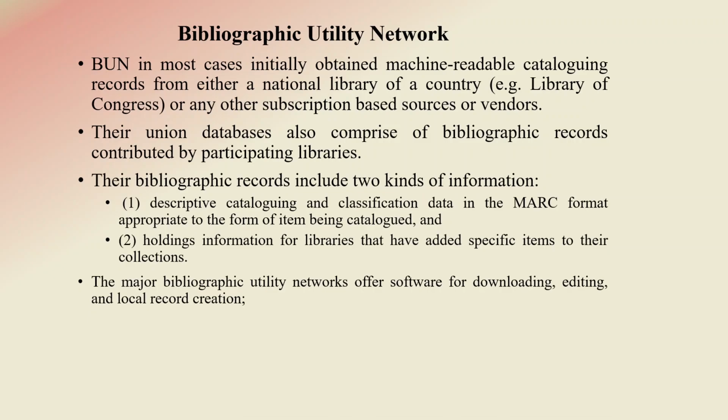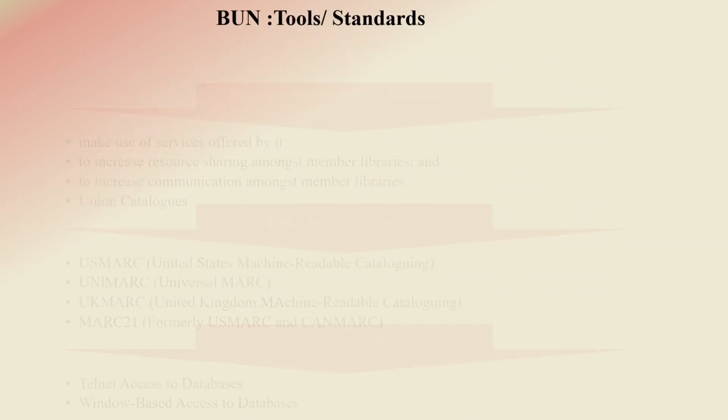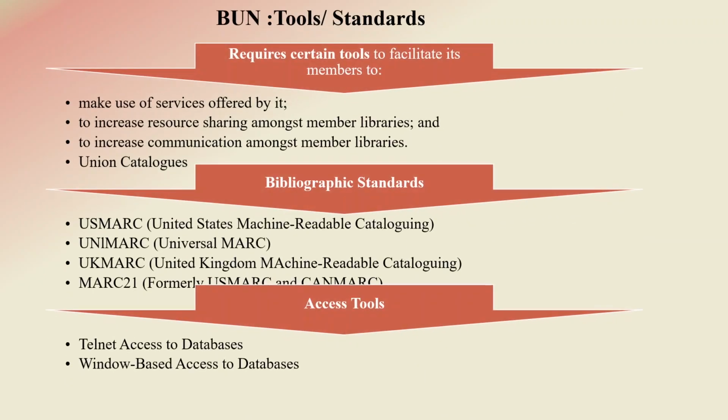So they are union catalogs, bibliographical records describing the cataloging and classification data in MARC format or US MARC. So the tools of bibliographical databases are union catalogs, the OCLC and the RLG. The bibliographical standards used are machine readable cataloging. MARC format, as we all know, from ISO 2709 we should use the MARC format for these purposes.